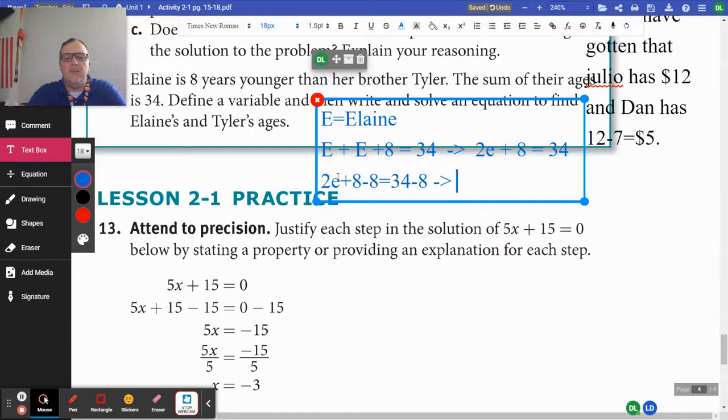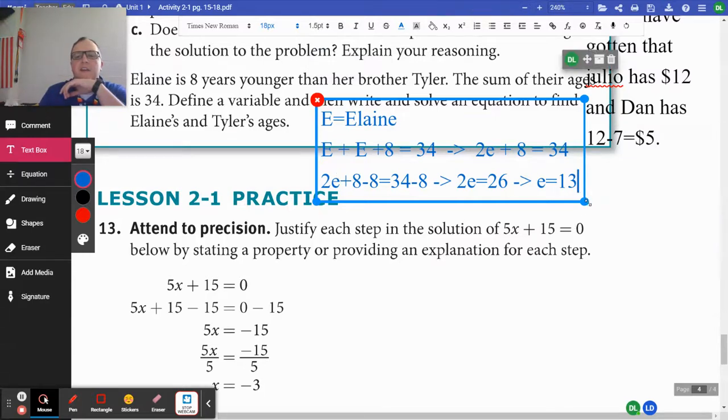And that would be 2E equals, what would that be, 26. Yeah, that would be 26. So E would equal 13. So Elaine is 13.